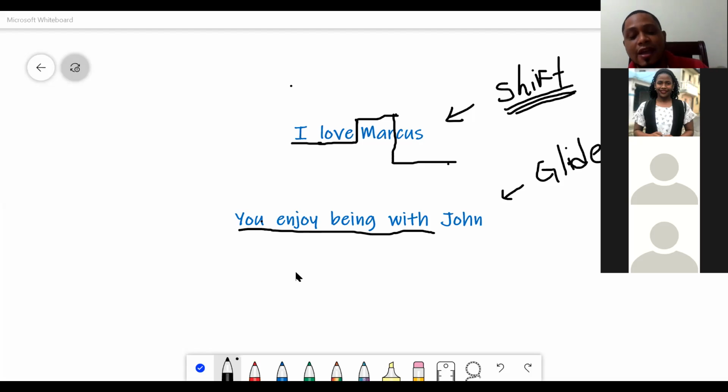So what happens here? How many syllables do you have in the word John? Only one, because you only have one vowel sound. Now, as we are working with rising, falling, it obligatorily needs a high tone and a low tone.